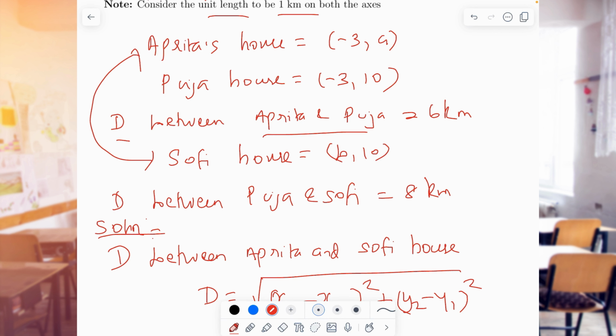You should be very careful here. Write the coordinate points for Sophie's house, b comma 10, and Pooja's house, minus 3 comma 10.